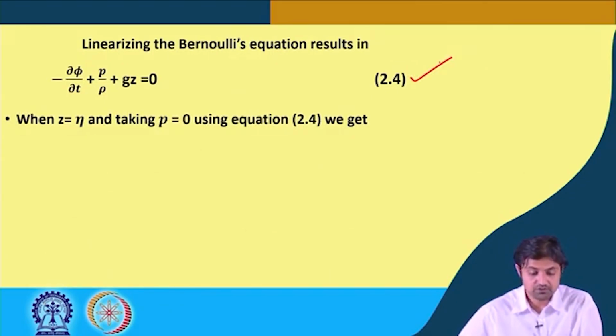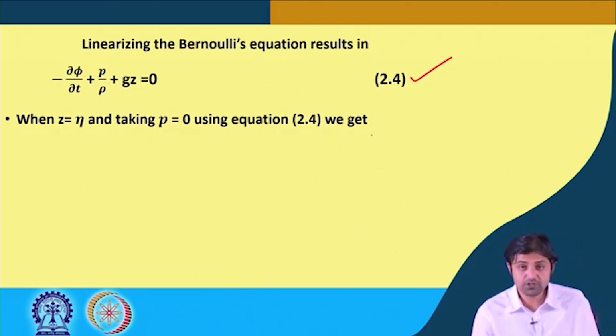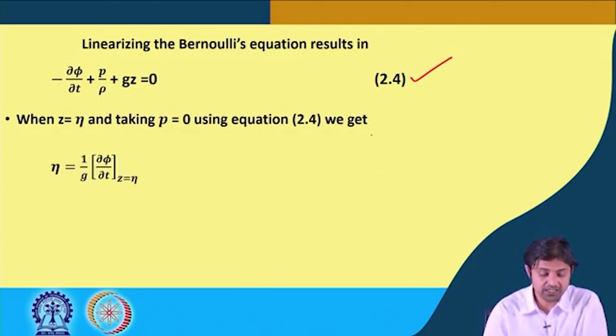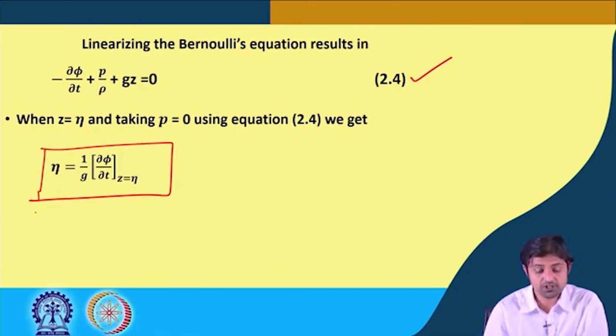When the height is z is equal to eta, that means at the free surface, if we take p is equal to 0, equation 2.4, we get eta is equal to 1 by g del phi del t at z is equal to eta. So, in terms of velocity potential, we have obtained this by linearizing Bernoulli's equation.